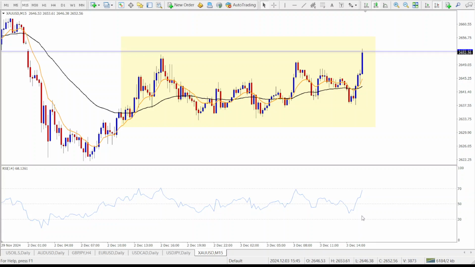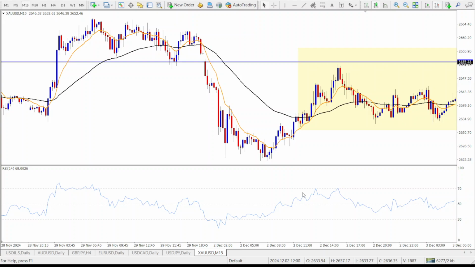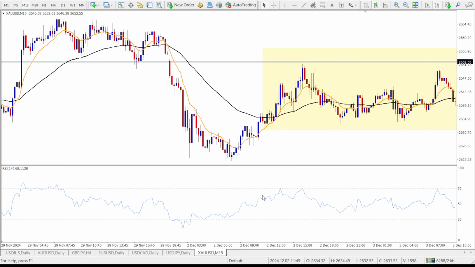If the RSI is above 70, the market may be overbought, signaling a potential reversal or pause. And if the RSI is below 30, the market might be oversold, indicating a potential bounce. When combined with the EMA, the RSI helps you avoid false signals.